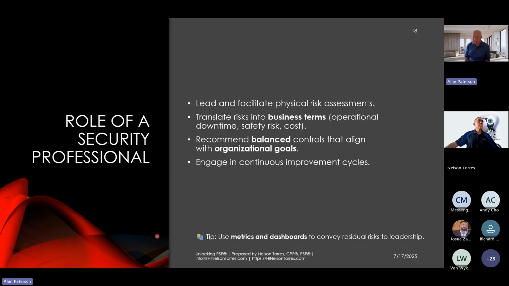And the security professional should recommend balanced controls that align with organizational goals. And very important, we discussed this a couple of times this evening, the security professional should engage in continuous improvement cycles. It's not a case of doing your assessment and then walking away and saying, that was a good job I did there. It's continual. It's a continuous improvement cycle.